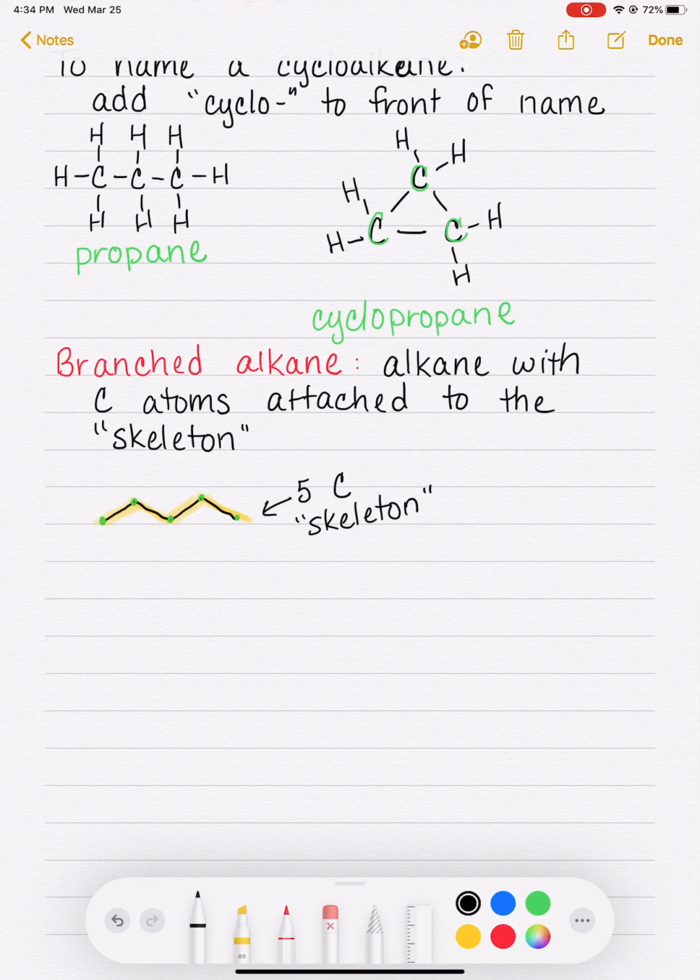So a branched alkane is one that has carbons attached to the skeleton, like that. Well, that's only 1 carbon. We'll give it a couple carbons. So that, carbons attached to the skeleton, that is a branch.